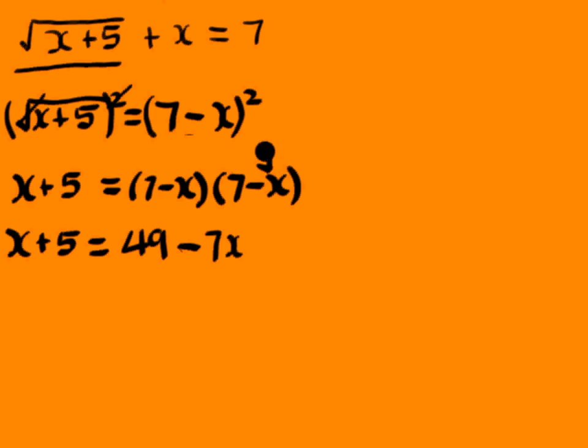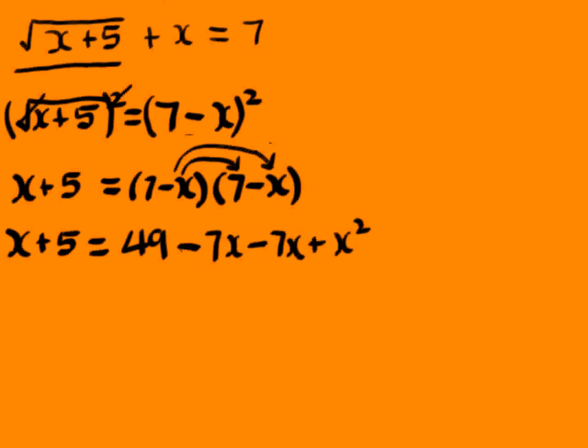The same rule applies for the other part. Negative x multiplies 7, and negative x also multiplies minus x. So minus x multiplied by 7 gives us minus 7x, and minus x multiplied by minus x gives us positive x squared.